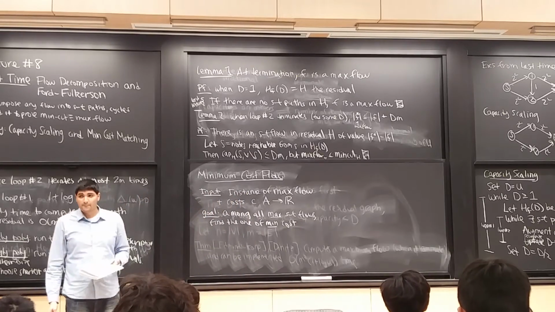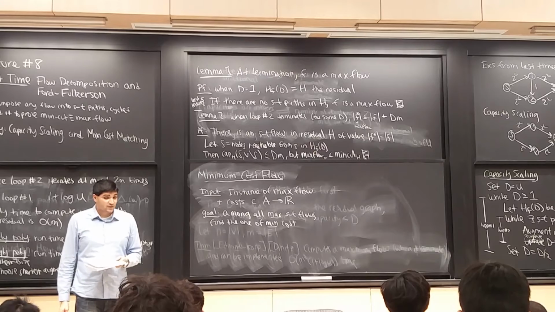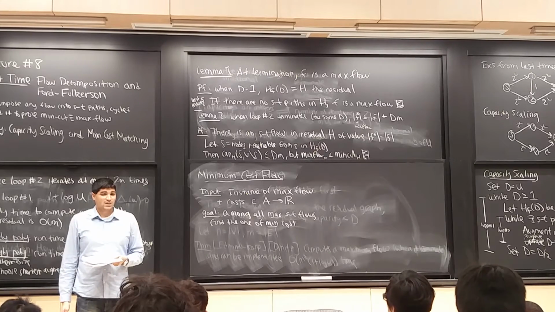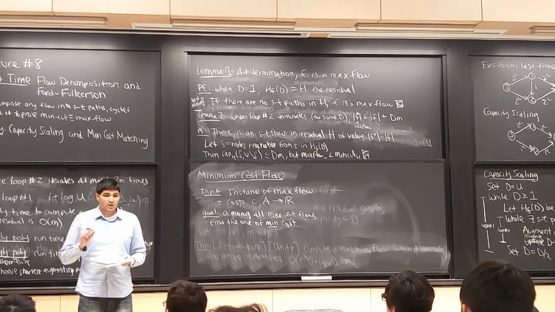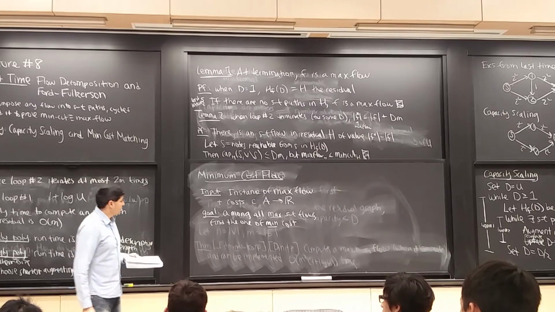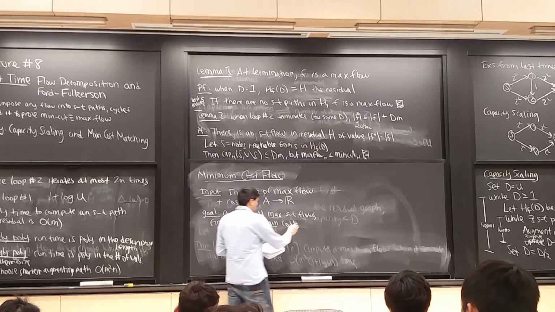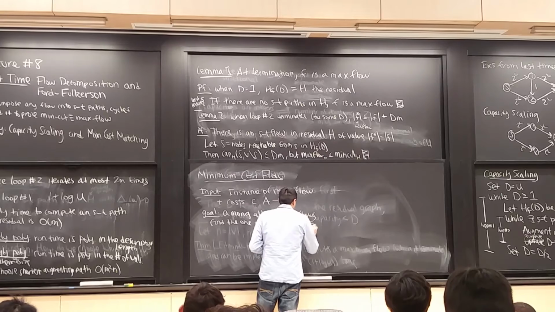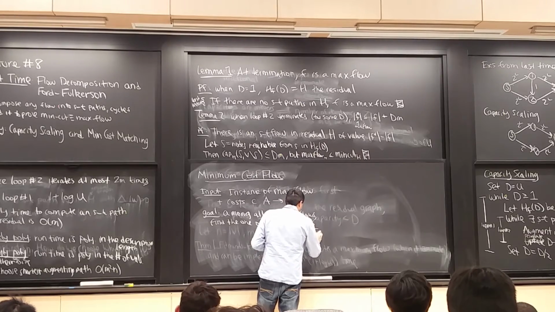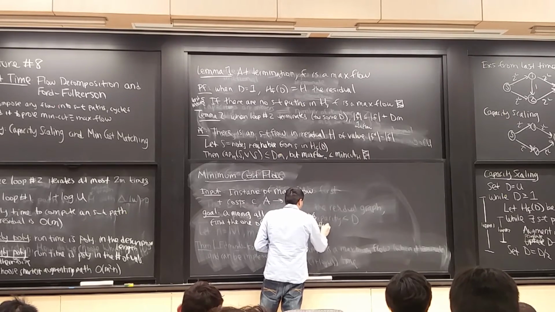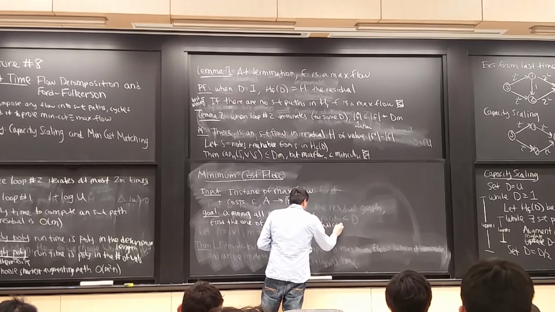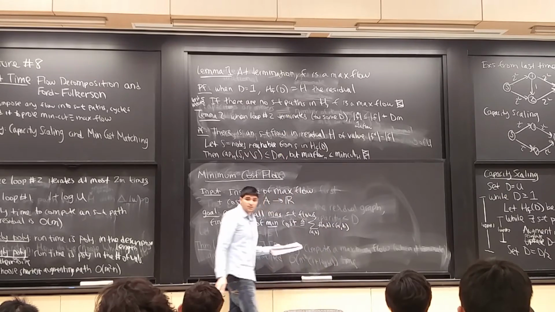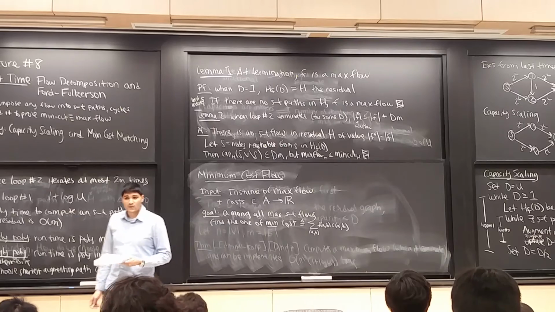Yes, we assume that the cost scales with the flow on the arc, regardless of how much flow. Yes, exactly. So the cost now will be the sum over all of the arcs of the flow on the arc times the cost that's associated with it.